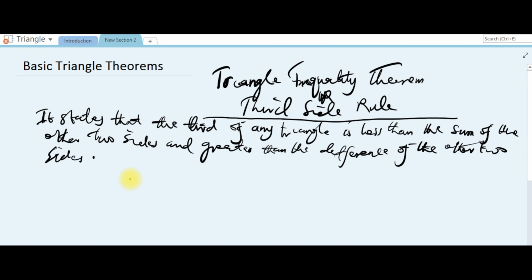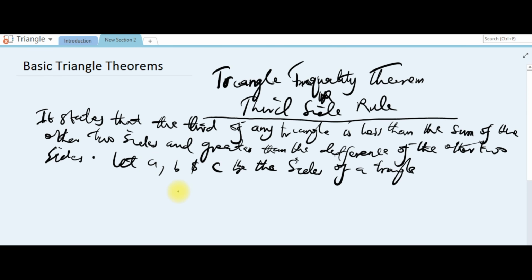So the theorem, assuming you are given, let A, B, and C be the sides of a triangle.